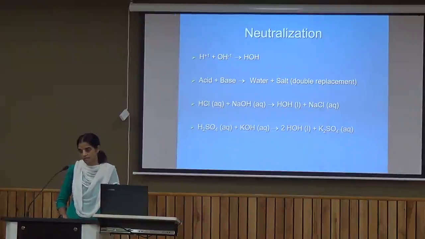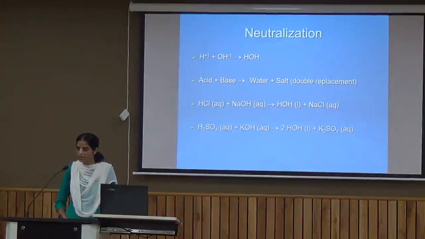So same is the case here. Let us take the example which is shown here of hydrochloric acid reacting with sodium hydroxide. In hydrochloric acid, the cation is hydrogen and the anion is chloride. Similarly, in sodium hydroxide, the cation is sodium and the anion is hydroxide.